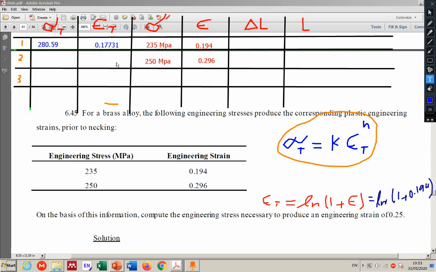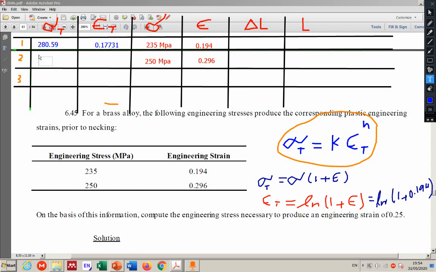Now I can convert the second one as well, by using the same equation that I had here. Let me write back this equation. True stress is equal to engineering stress times 1 plus engineering strain. I'm going to use the same equation to find the other one, so I'm typing directly. Now if I have the four values, I'll be able to calculate n and k.